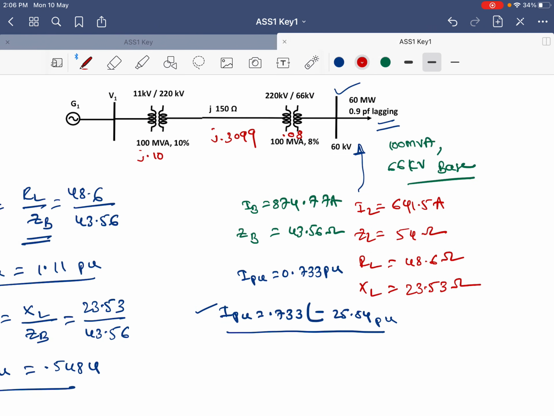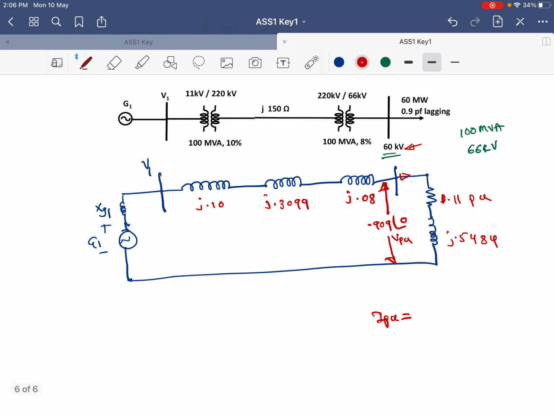I per unit is 0.733 at an angle of minus 25.84 per unit. That is the current flowing here.